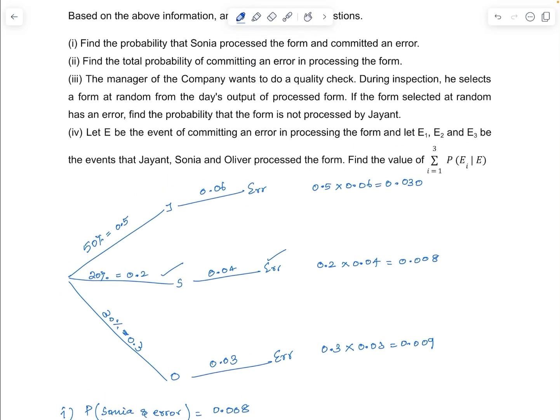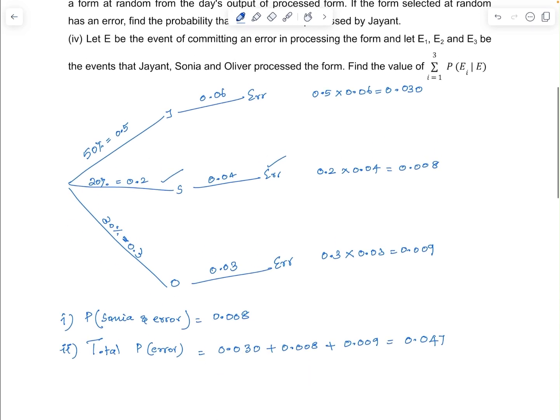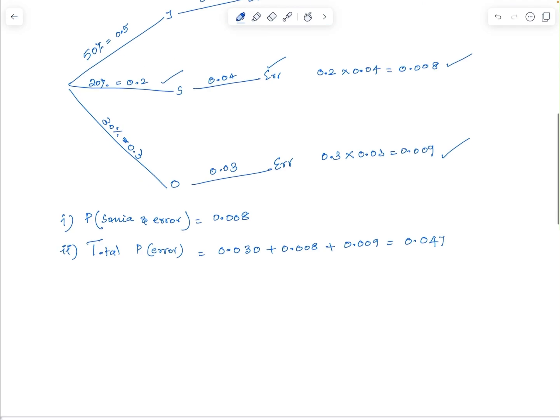Question number 3. The manager of the company wants to do a quality check. During inspection, he selects a form at random from the day's output of processed forms. If the form selected at random has an error, find the probability that the form is not processed by Jayant. So we should consider the other two cases because error is there and that it is not processed by Jayant.